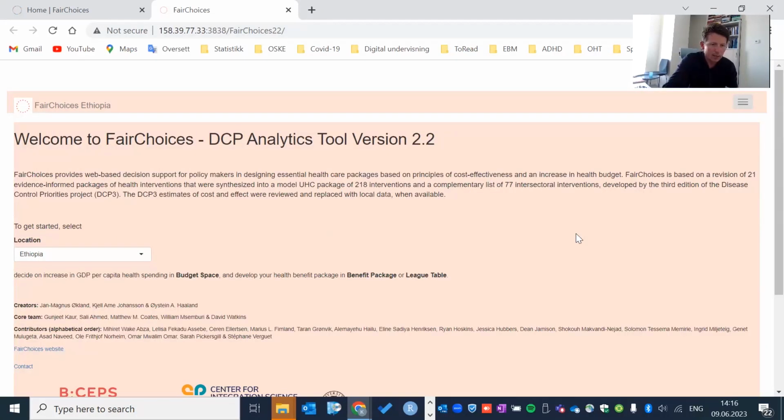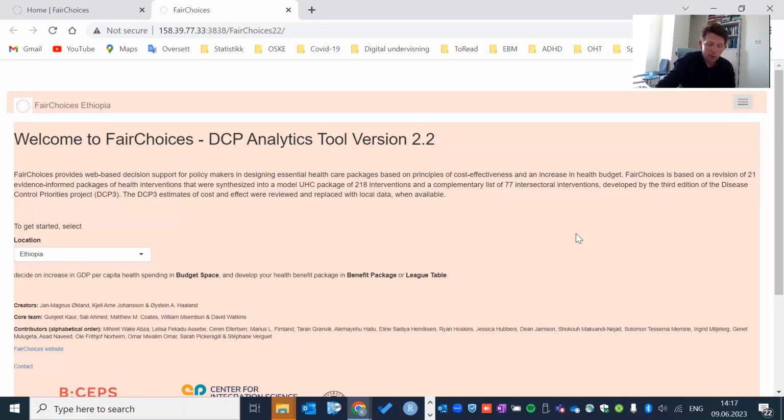This is just a crash course on how to use Fair Choices, and I would not recommend you to use this tool alone. I would highly advise you to work using this tool in collaboration with BCEPS, because then we can together develop analysis that maybe you would want to have in your setting.